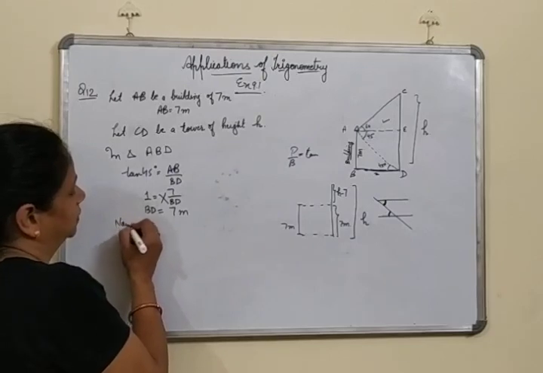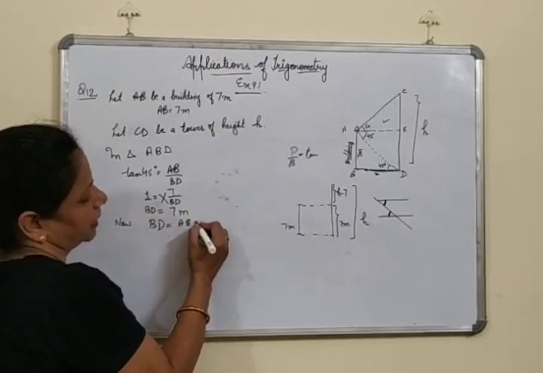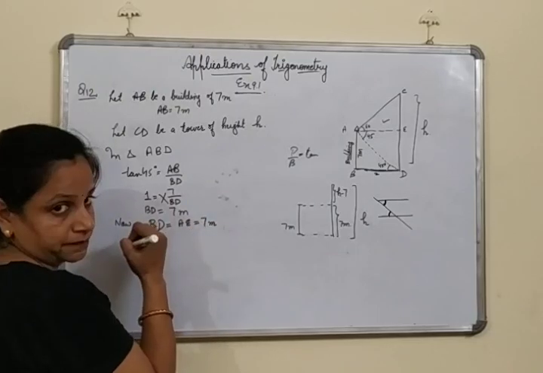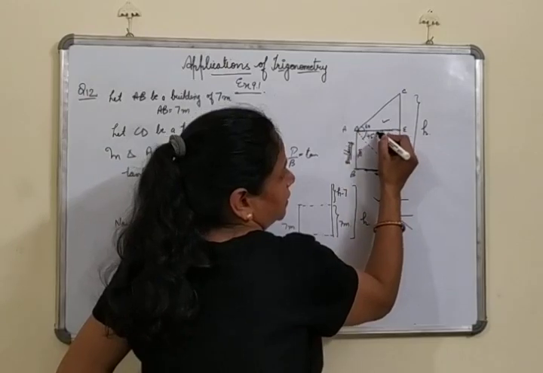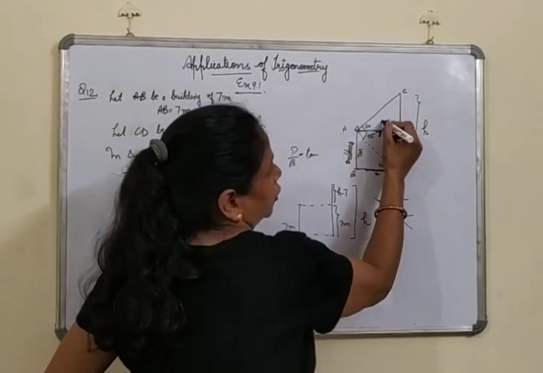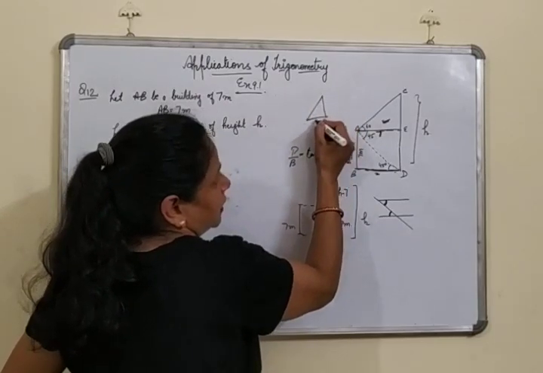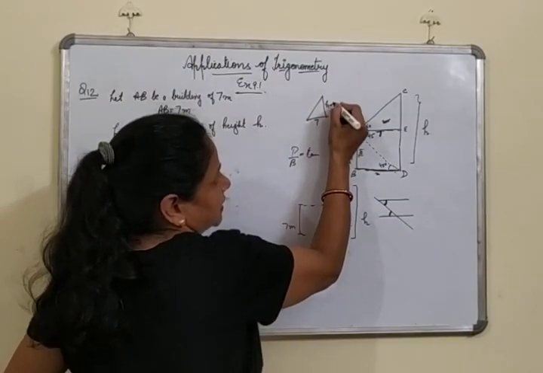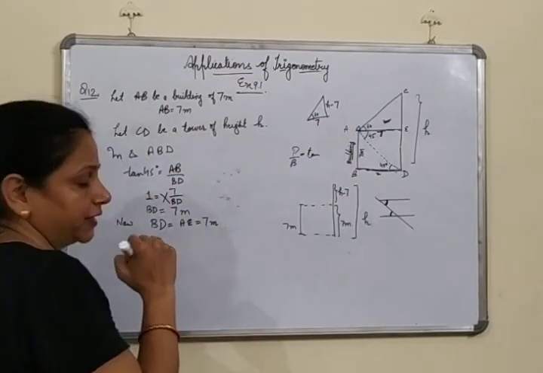Now this BD is equals to AE. That means it is also 7 meter. This BD and this AE also is 7 now. Now we will be using this triangle. Only the upper triangle that is left, we will be using this triangle. This is 7 over here. This is H minus 7 and this angle is 60 degree. Right?